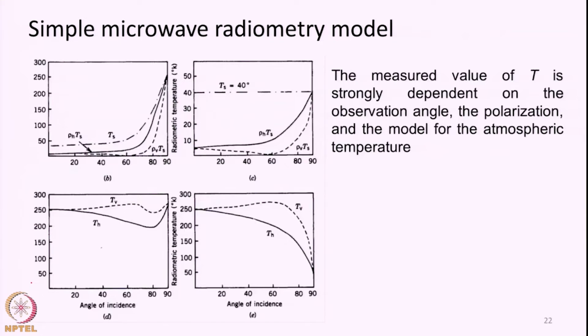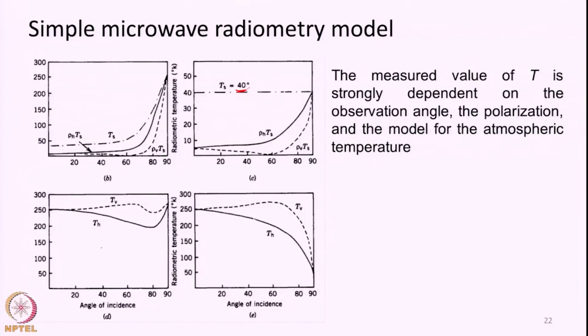In the last slide we looked at how the brightness temperature varies with the emissivity of the surface at different look angles. Here we also take into account the atmospheric emission: whatever the atmosphere has emitted will come toward the surface, get reflected by the surface and reach the antenna. So it has two components, direct emission from the surface and the atmospheric emitted component.